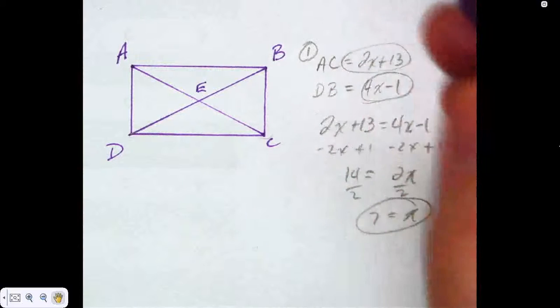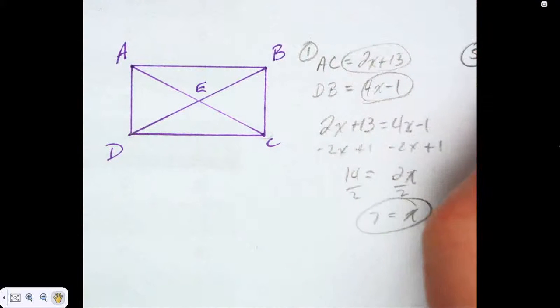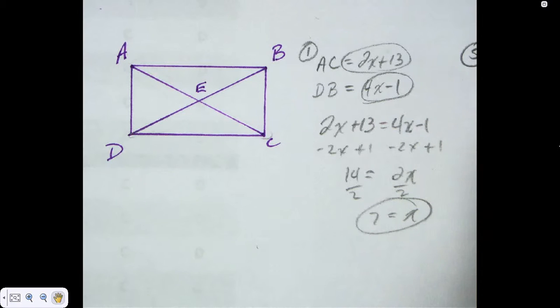Let's go to number 5. Number 5 says the measure of angle DAC is equal to 2x plus 4, and that the measure of angle BAC is equal to 3x plus 1, and they ask us to find the measure of angle BAC.